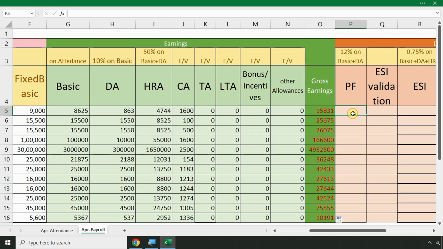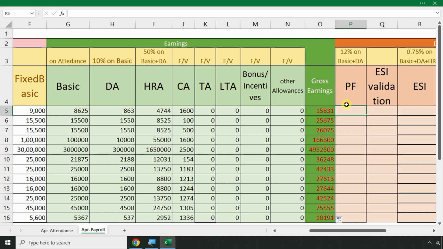Next, what? PF. PF is one of the world's largest social security schemes. Worldwide, the largest social and financial security scheme, maintained by EPFO, Employee Provident Fund Organization, under the Ministry of Labour, Government of India.